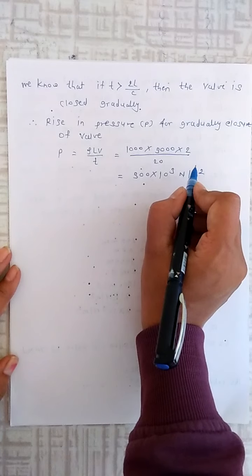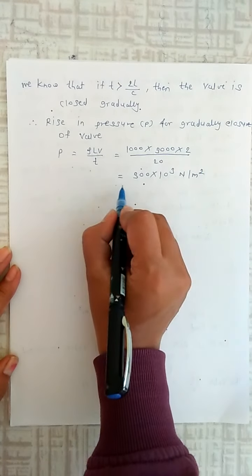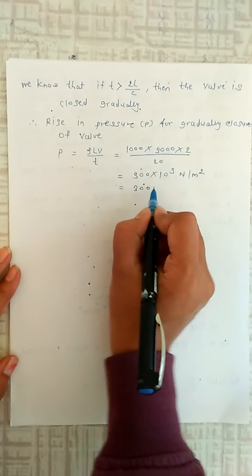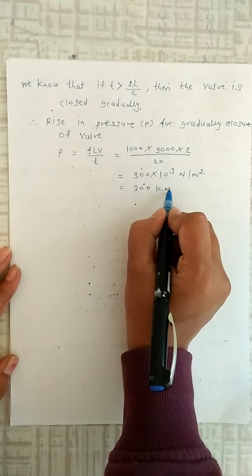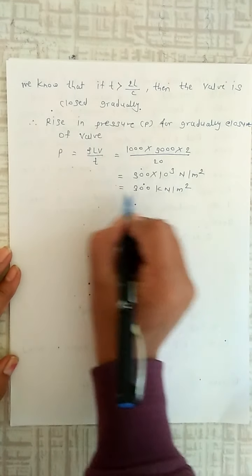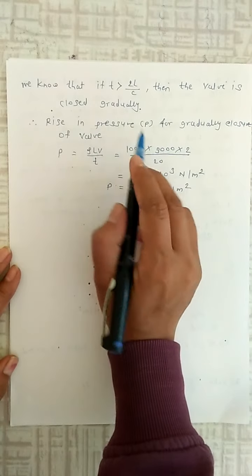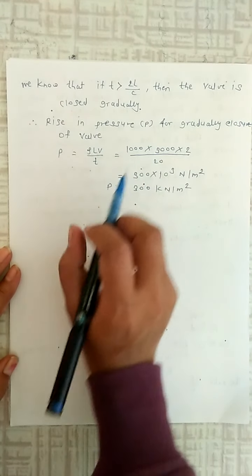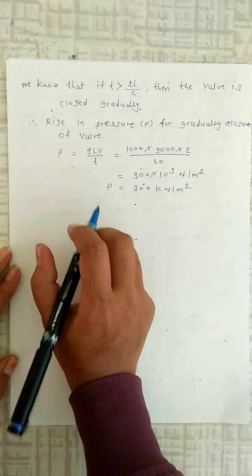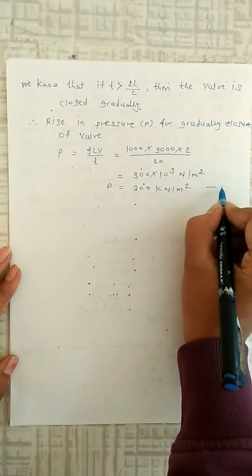Okay, so we write 300 kilonewton per meter square for the time 20 seconds. Okay, now this is the first answer.